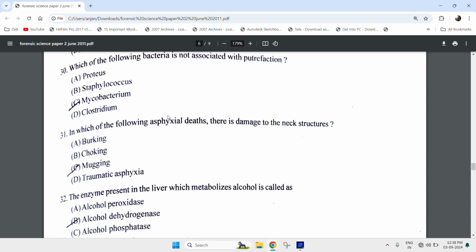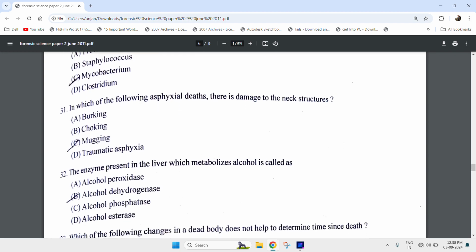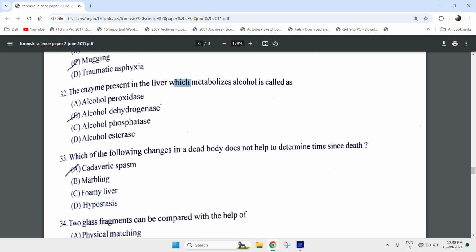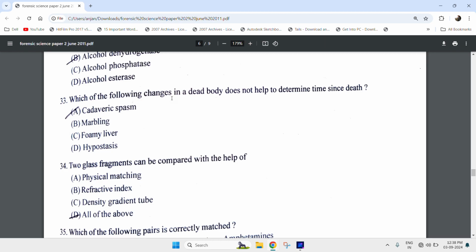Mycobacterium. In which of the following special deaths is there damage to the neck structure? Mugging. The enzyme present in the liver which metabolizes alcohol is called alcohol dehydrogenase. Which of the following changes in a dead body does not help to determine time since death? Cadaveric spasm.